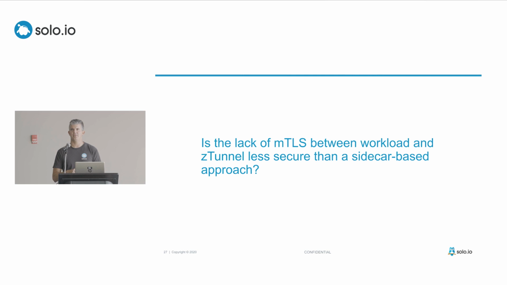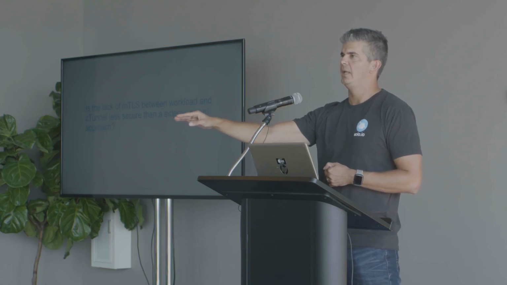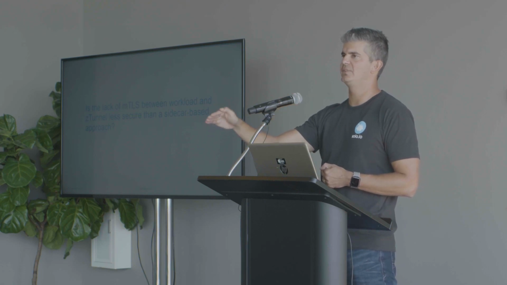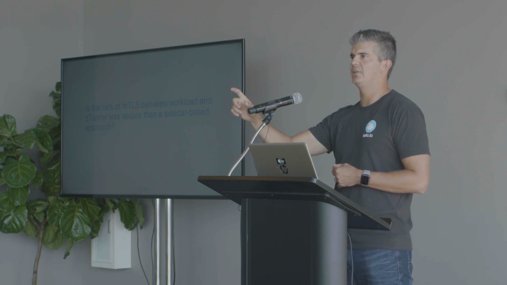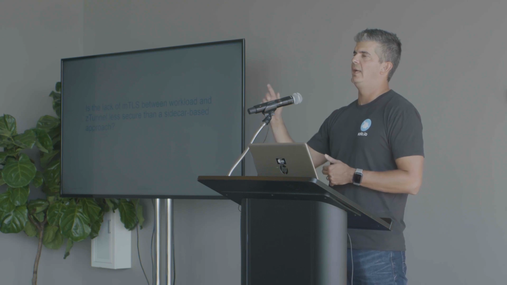We've had this quite a few times, but basically, if you go back to the slide where we saw the traffic from outside comes into a node, and it might come in encrypted because it's mutual TLS. In the sidecar mode, that mutual TLS connection will end at the pod. In the ambient world, that mutual TLS connection will end on the ztunnel. And then the traffic from the ztunnel will be plain text to the workload.